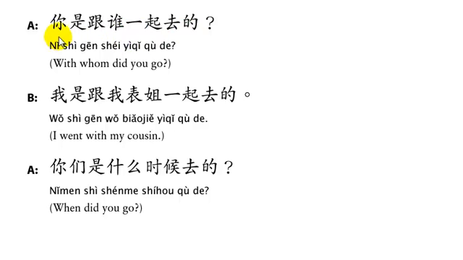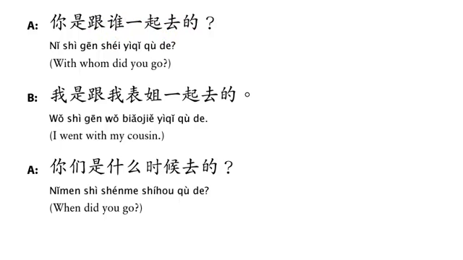Literally in English it's: you with who together went. And it's all sitting in between this 是...的 construction. 你是跟谁一起去的?